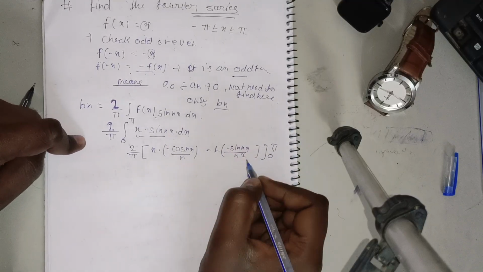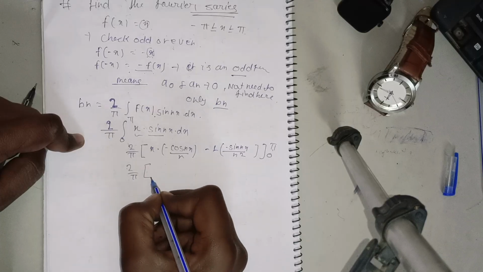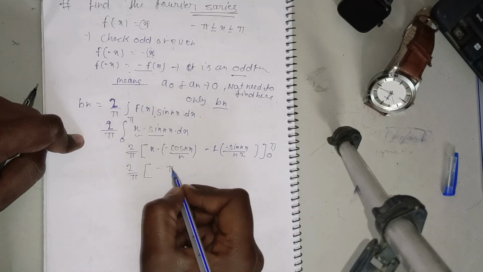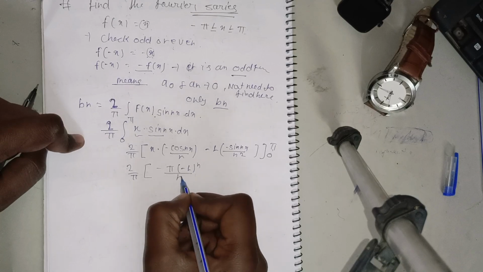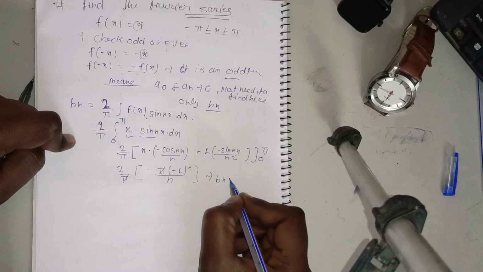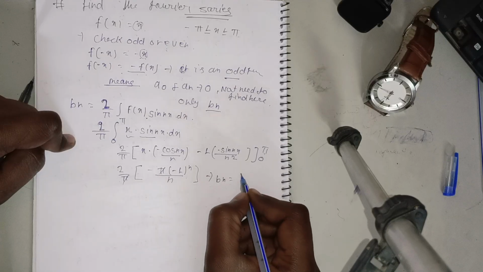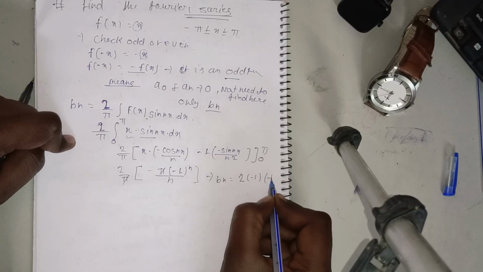Now simply upper limit minus lower limit, so 2 upon pi, we are directly putting it. After putting upper limit minus lower limit, we will get minus 1 to the power n upon n, pi to pi. So bn is equal to 2 into minus 1 into minus 1 to the power n.